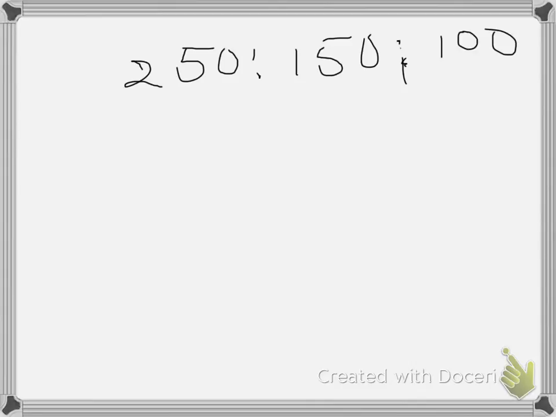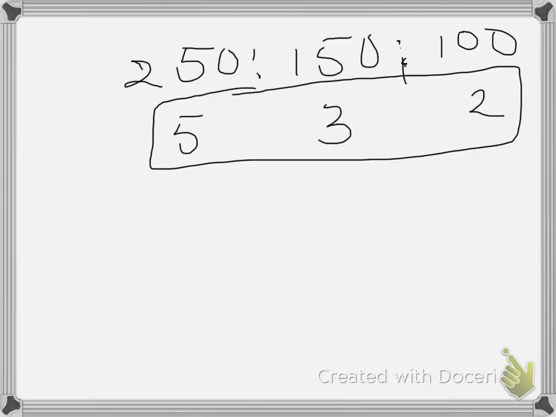The problem gives you the ratios of 5 to 3 to 2, so you could work backwards. Can you divide and reduce 250, 150, and 100 by 50 and get 5 to 3 to 2?